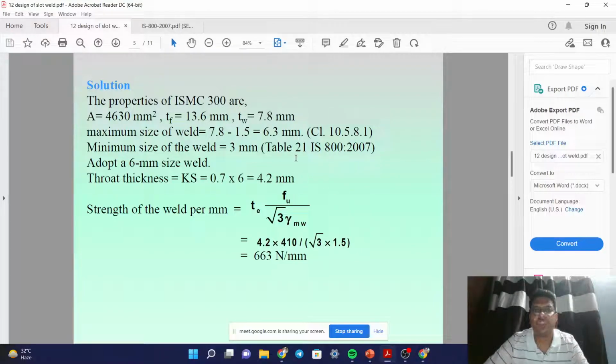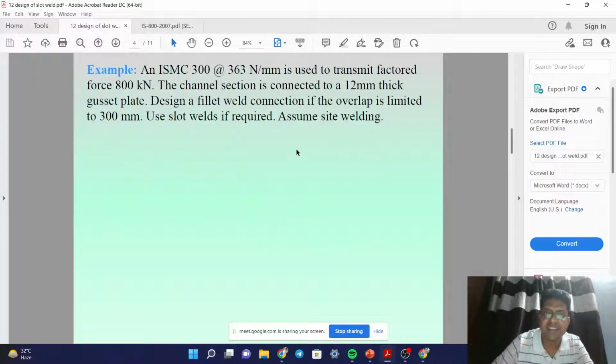Actually, in the question you can see that an ISMC 300 at the rate of 363 Newton per mm is used to transmit a factored force of 800 kilonewton. So here we are using an Indian standard channel section. It is written that the channel section is connected to a 12 thick gusset plate.